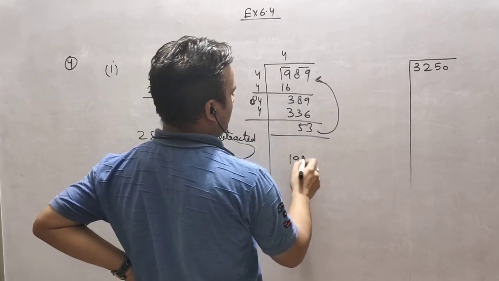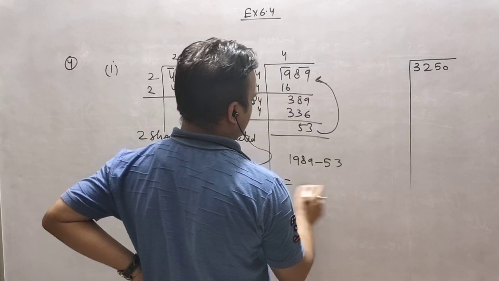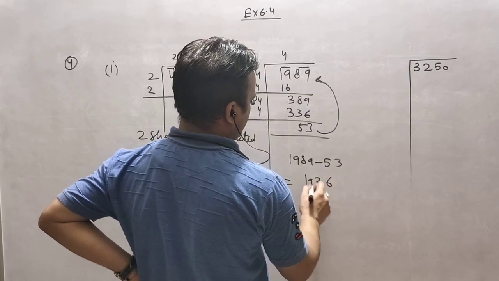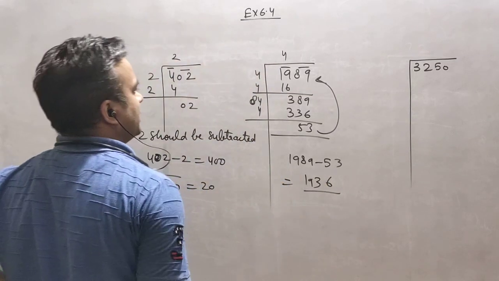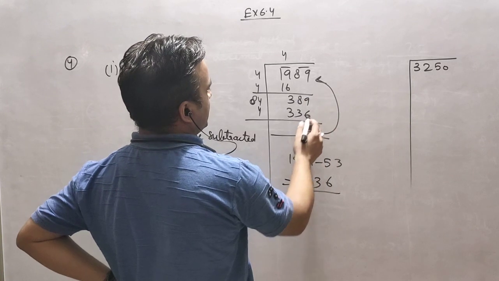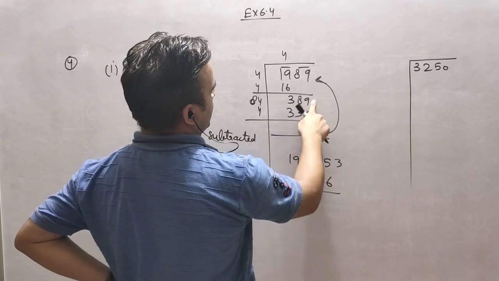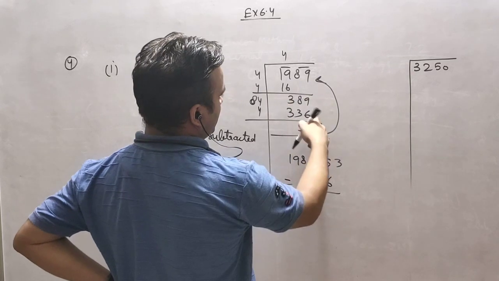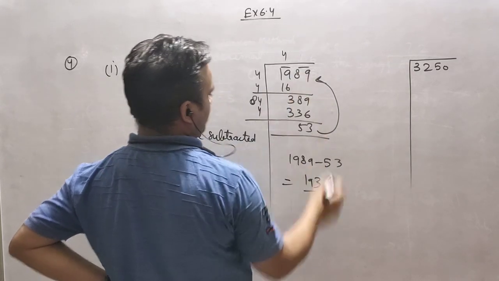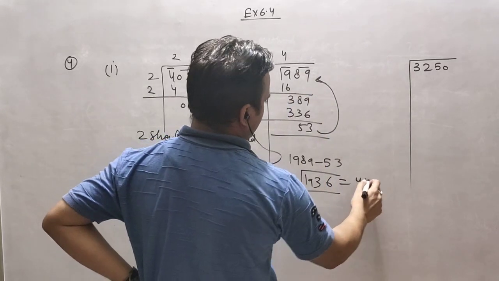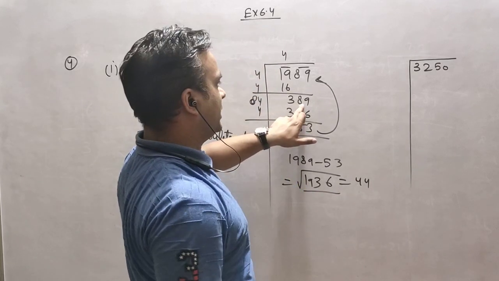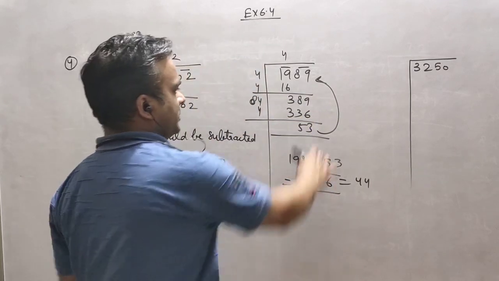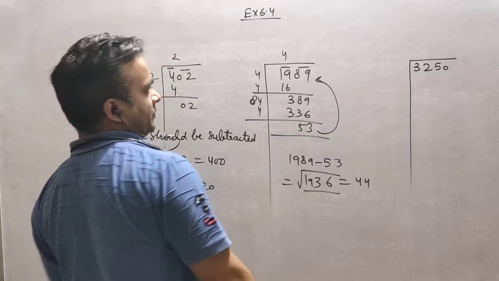So 1989 minus 53 gives 1936. The square root of this is 44, because 1989 becomes 1936 if we subtract 53 from it.